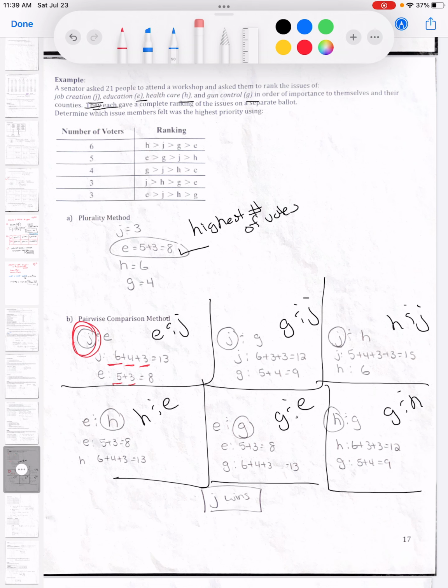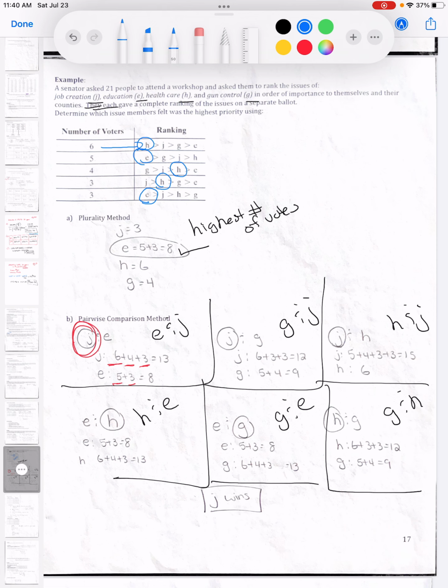I'll do another one of these. Let me come down here and do E and H. So in this first one, H, E, and then the first one I see out of E and H. I'm only looking at the letters E and H, ignoring all the rest of them.